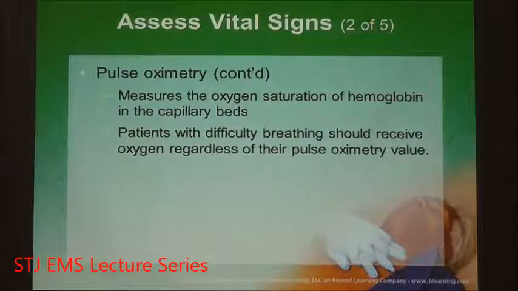Where do you have exposed capillaries? In your nail beds. So under your fingernails are your capillary beds. You put this device on there and the light will sense the presence of oxygen-rich hemoglobin. What percentage of hemoglobin has oxygen? And it will give you a number. 95 to 100 is optimal.